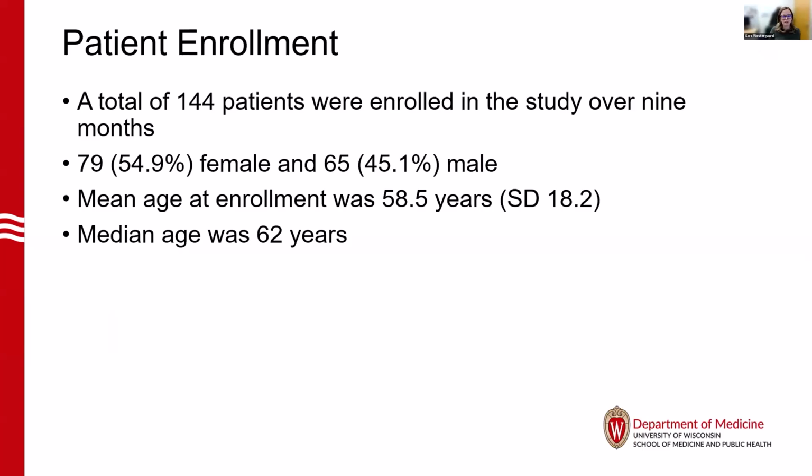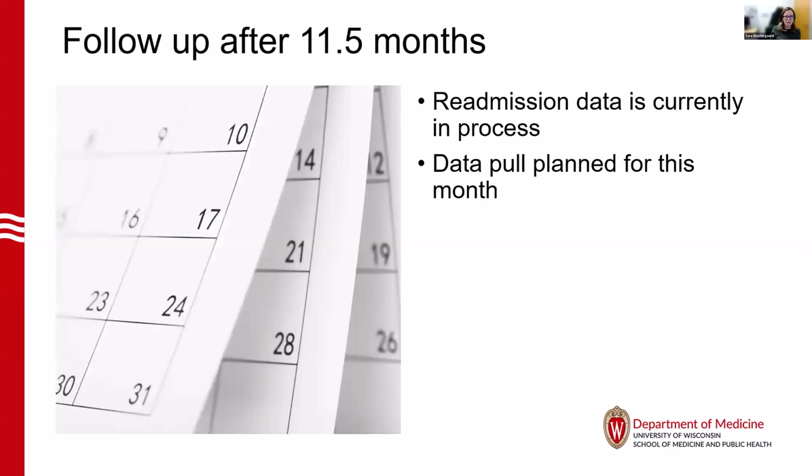The mean age at enrollment was 58.5 years. We've just reached the 11.5-month follow-up period, and so we're currently doing our final data pull. I actually have a meeting this afternoon with our data analyst and biostatistician about that. So hopefully there'll be more data to share soon.